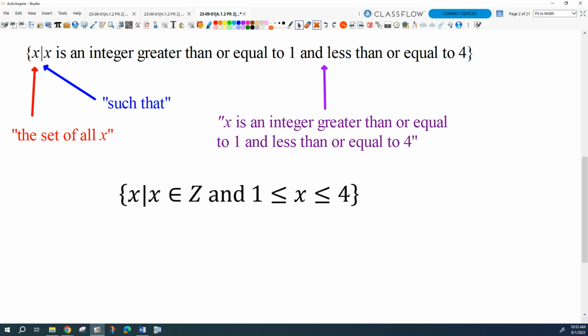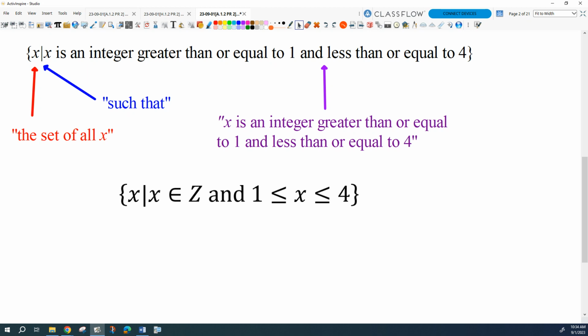Does that look scary? Okay, good. Don't let it look scary. Just because it has some symbols that you're unfamiliar with, don't let that intimidate you. These symbols are your friends. This is going to allow you to write things in math without getting writer's cramp. You're not going to have to write so much stuff. All this says, I'll read it to you once, and then later on, this will make more sense.